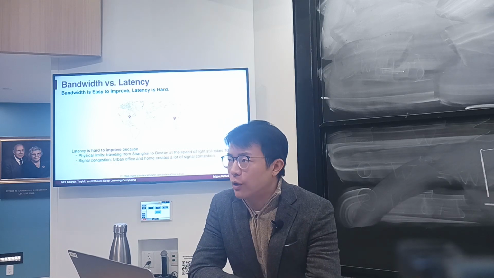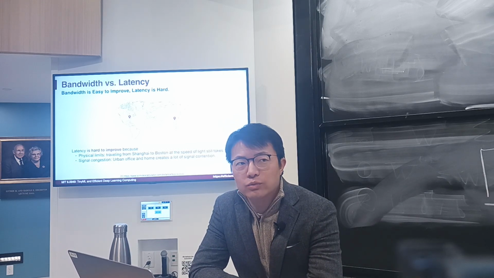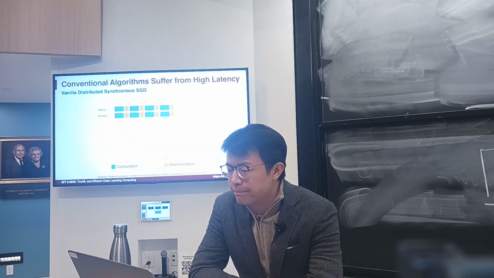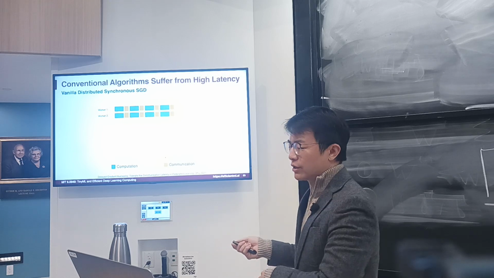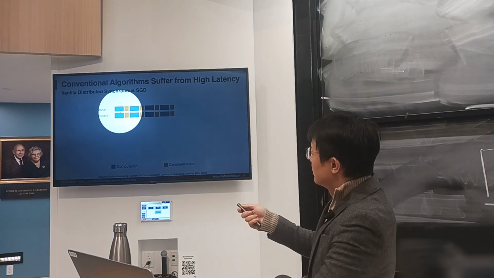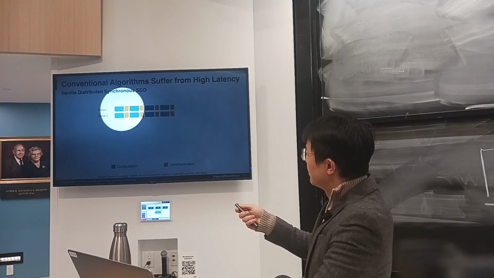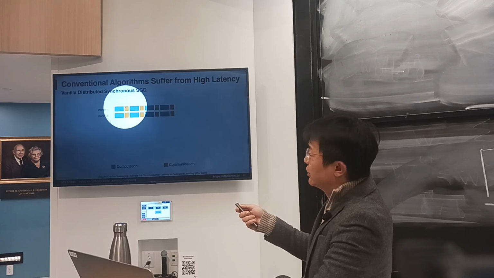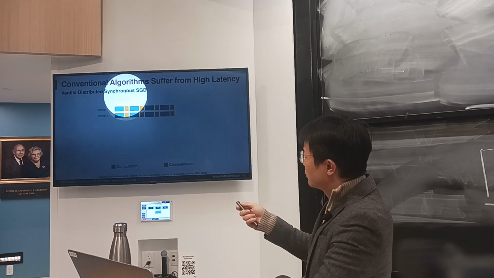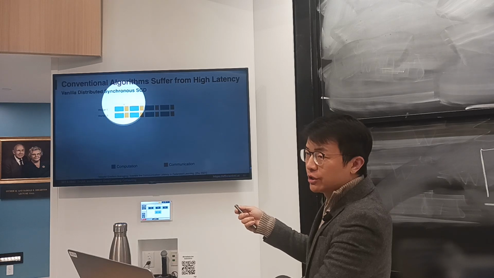What's the bottleneck? Why do we want a low latency during distributed training? For example, we have two workers. The green part is the computation. The yellow part is the communication. And we have to synchronize after each iteration.